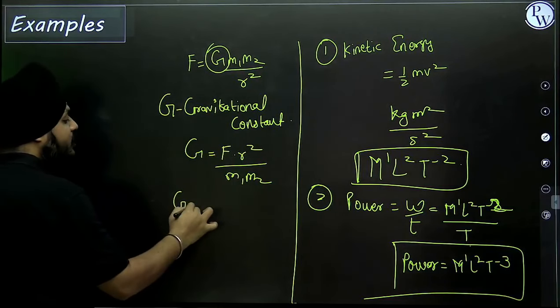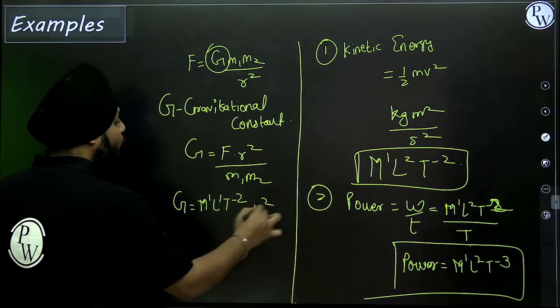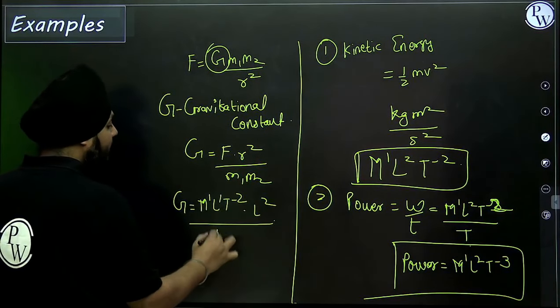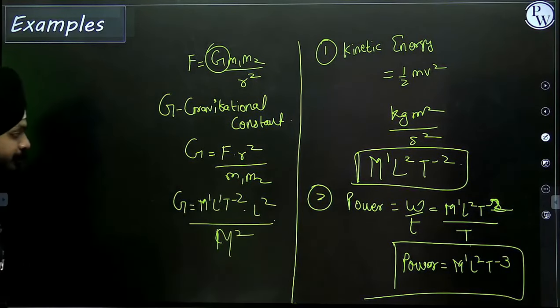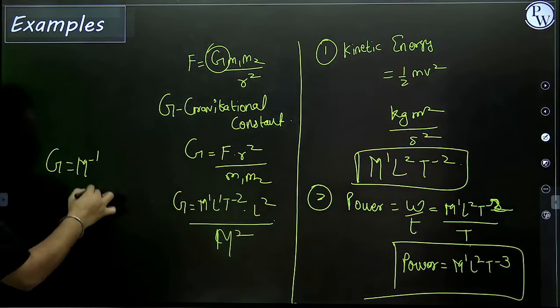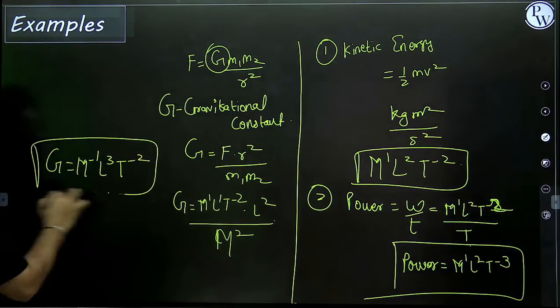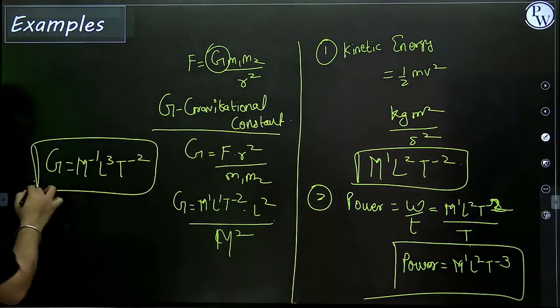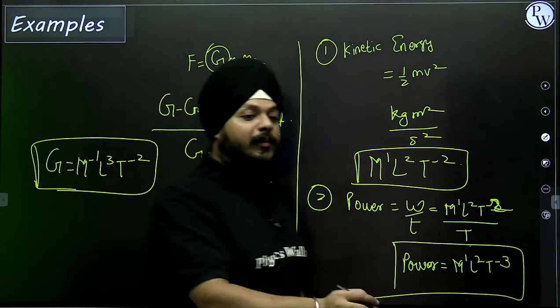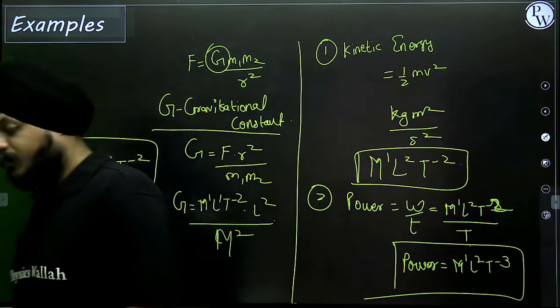What is the dimensional formula of force? M1 L1 T minus 2, L2 whole divided by M2. So what is the dimensional formula of G? It will be M minus 1 L3 T minus 2. This is the representation of the gravitational constant in terms of fundamental physical quantities, and that's its dimensional formula.